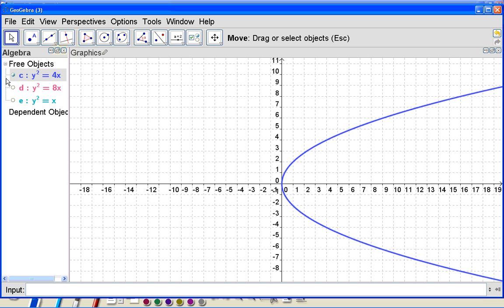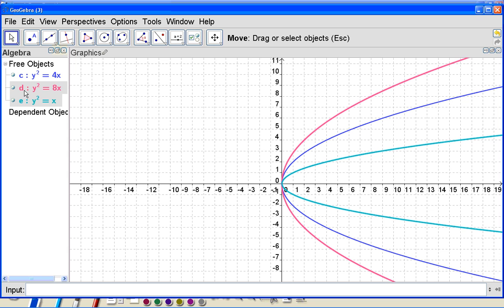If we let a equal to 2, then we have the graph y squared equal to 8x. Or we have a equal to 1/4, you get y squared equal to x. So these three are parabolas with different values of a. So this is the family of solutions to our equation.